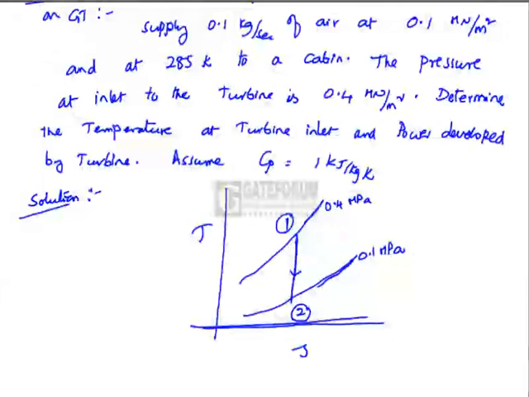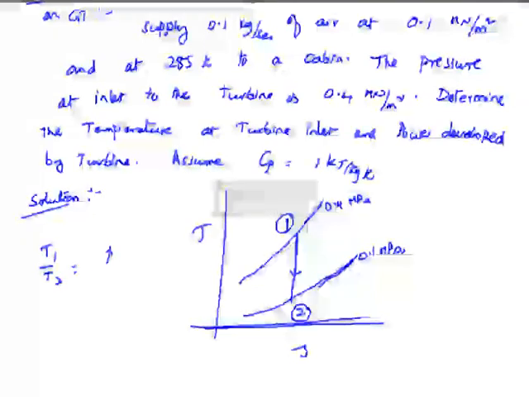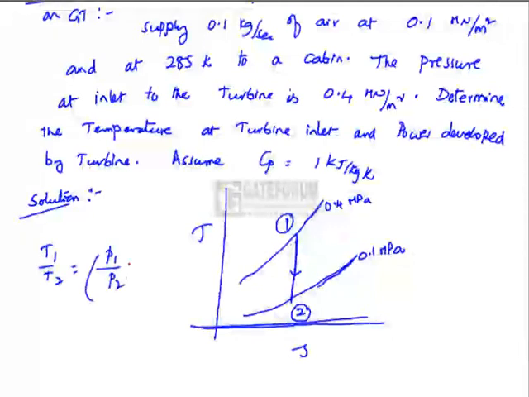Let us write the isentropic relation between 1 and 2, that is T1 by T2 is equal to P1 by P2 whole power gamma minus 1 by gamma.